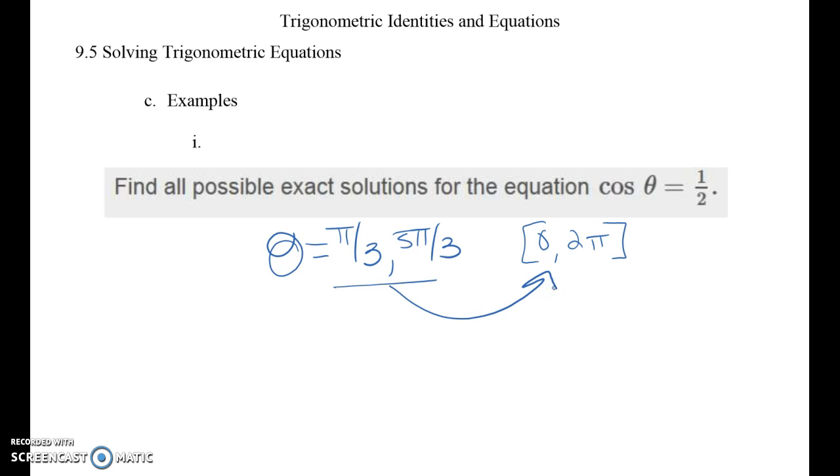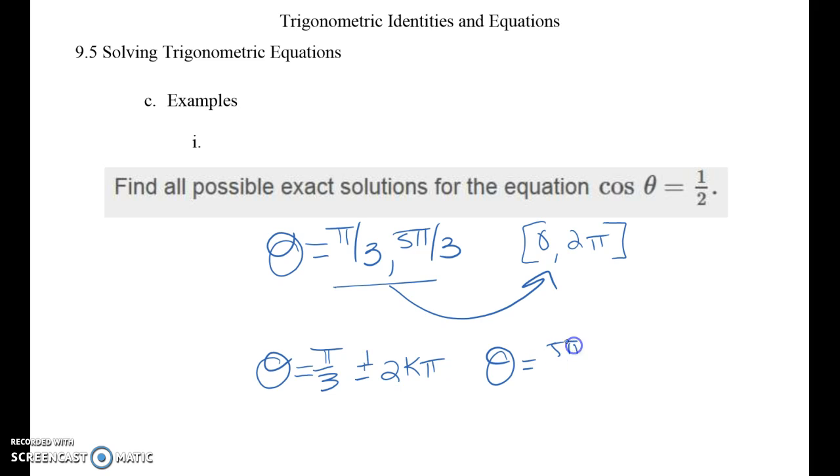They don't restrain me within that first period, and so we need to write it in a more general sense. So we'll say that theta is equal to pi over 3 plus or minus 2k pi, so that we can rotate around through the different periods.